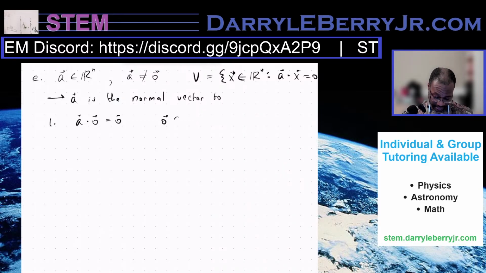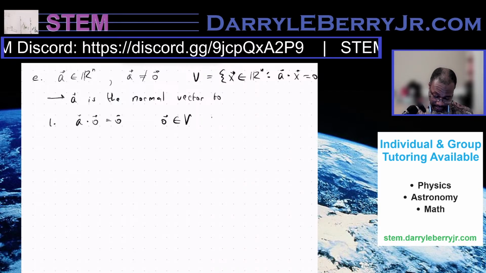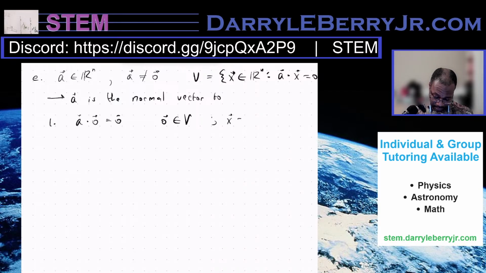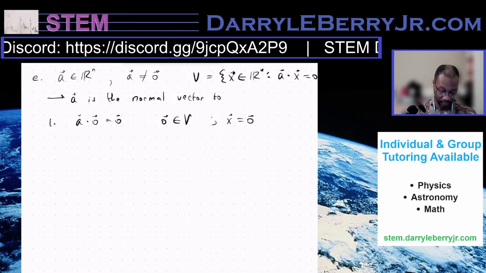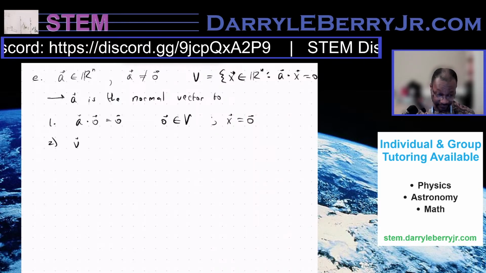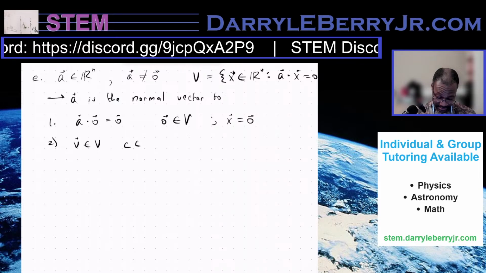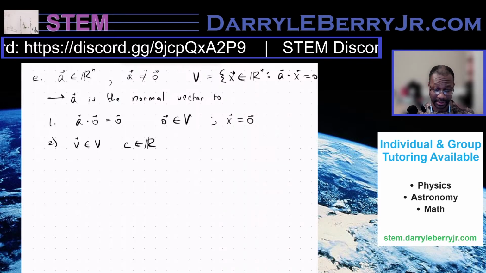So the 0 vector is in V, if we make X equals 0. All right? So the vector V is in the subspace, and C is a real number.